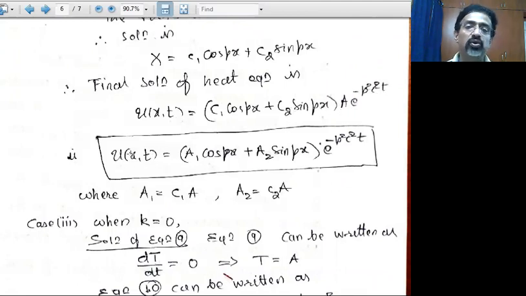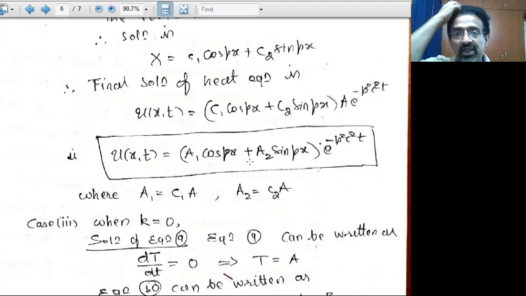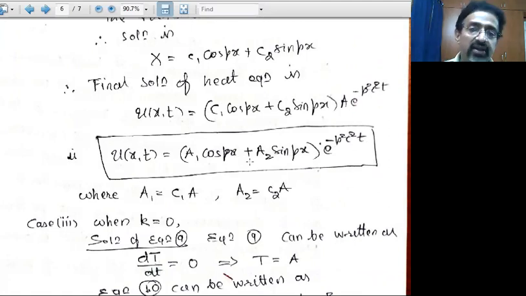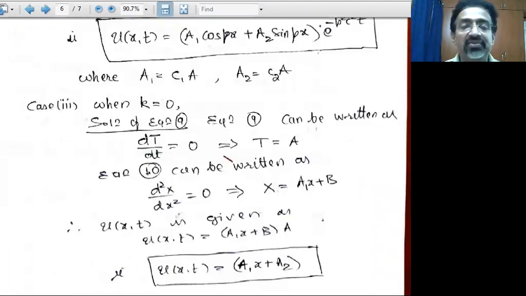Therefore, my solution will be what? u of x comma t is equal to a1 cos px plus a2 sin px times e power minus p squared c squared t. So this is my second solution of the heat equation when k is negative. Then I go to the third case when k is 0.